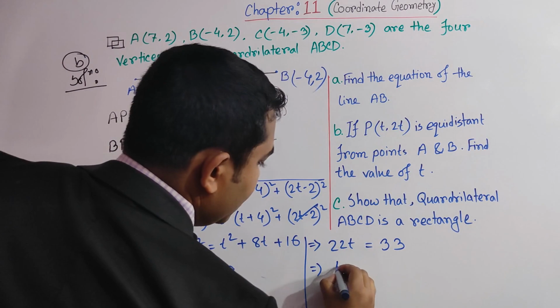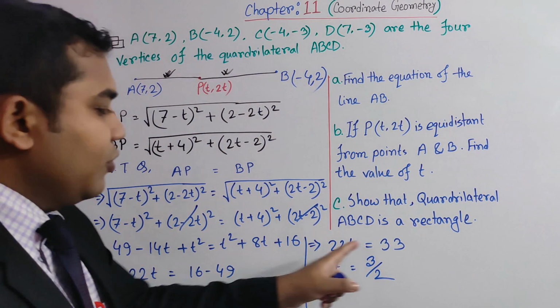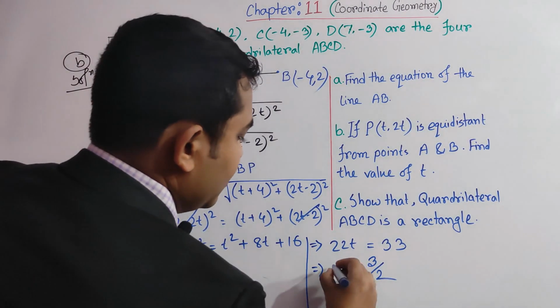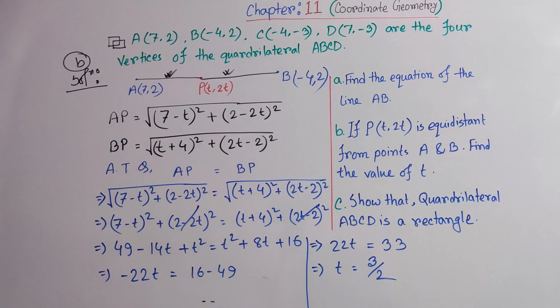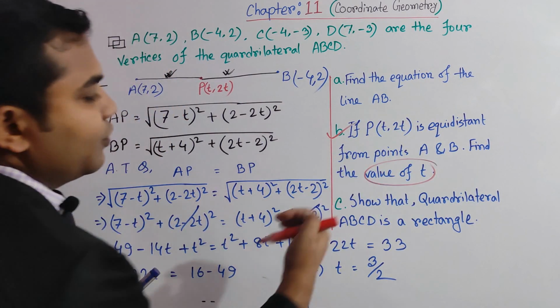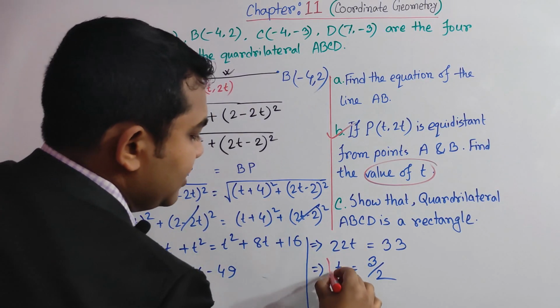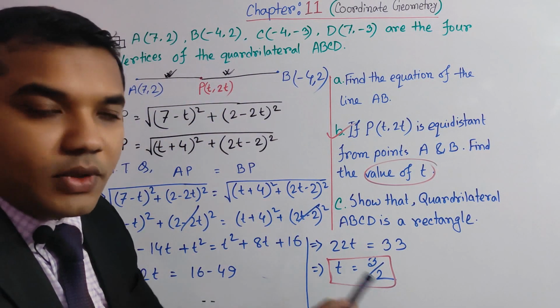So the value for t should be 3 by 2 if we divide both sides by 11. This is our required answer of question number B, since here we had to find the value for t. So the value for t is 3 by 2.